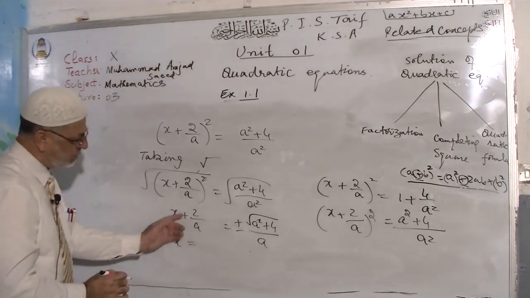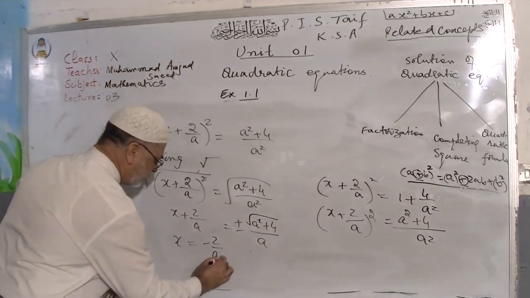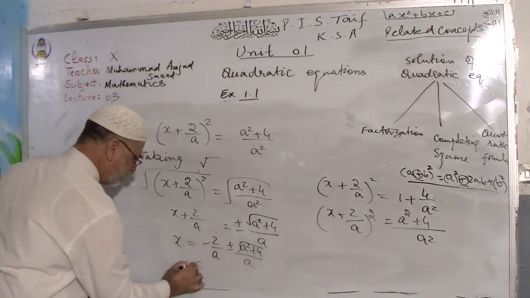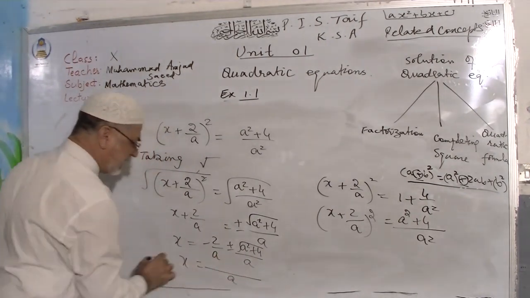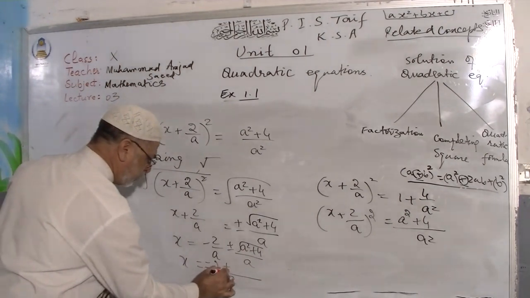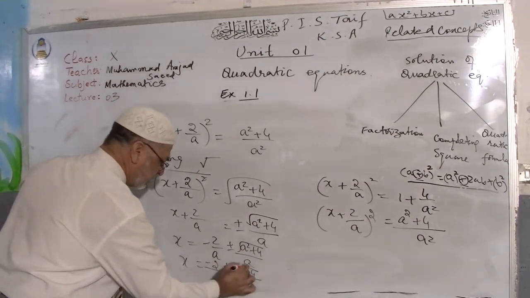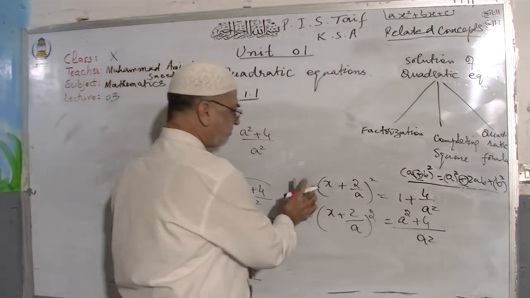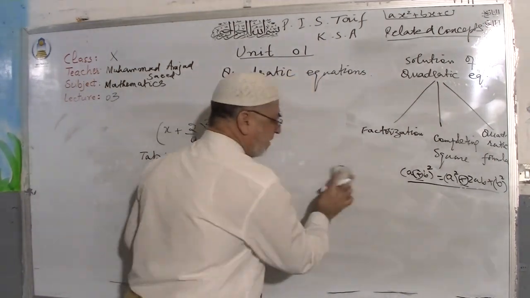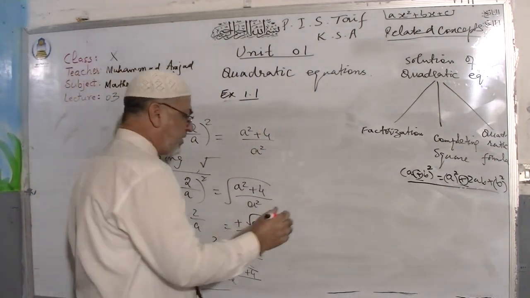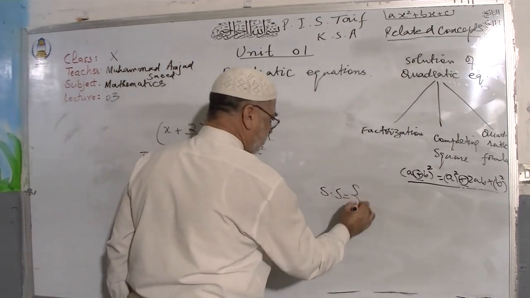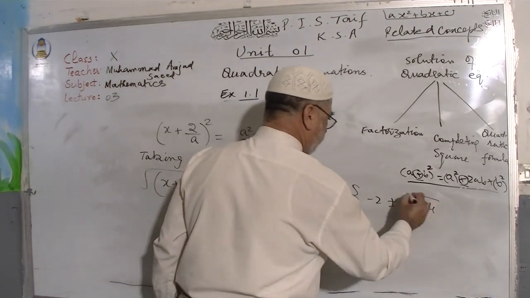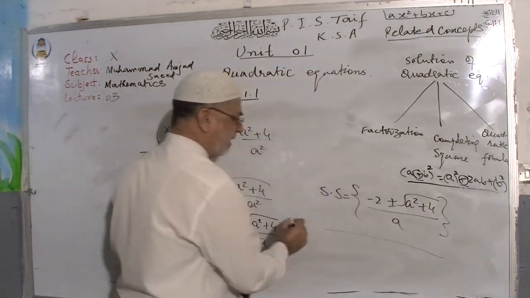So bring this term to the right hand side: minus 2 over a plus minus a square plus 4 over a, taking a. So dear students, we have the value of x, that is your solution set, minus 2 plus minus a square plus 4 under root over a, that is your answer.